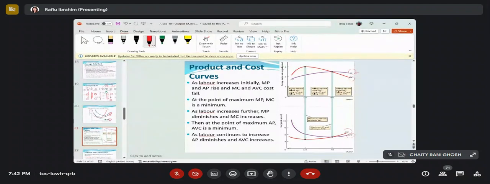So as long as the average product increases, meaning your workers on average are producing more, the money you are spending is less on average because they are producing more.